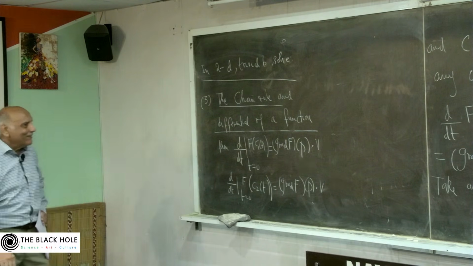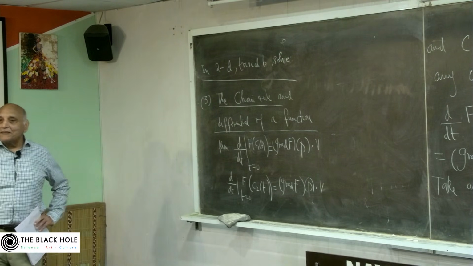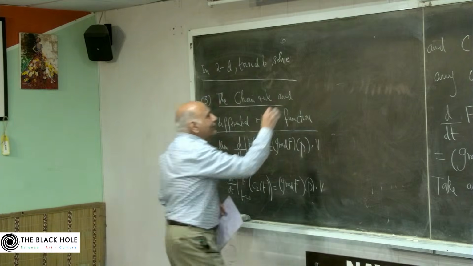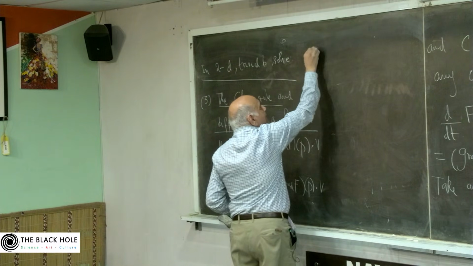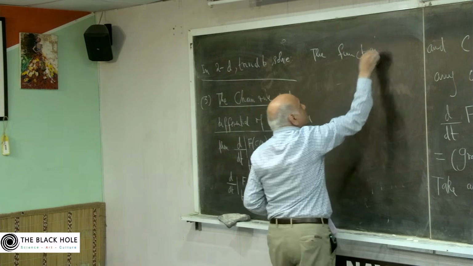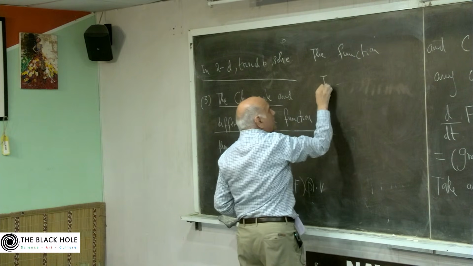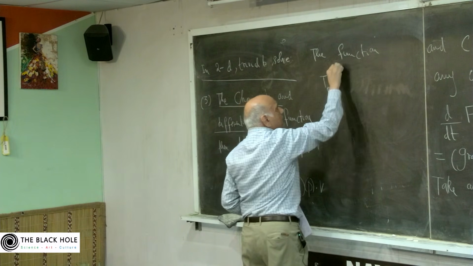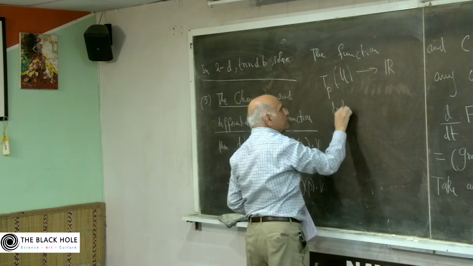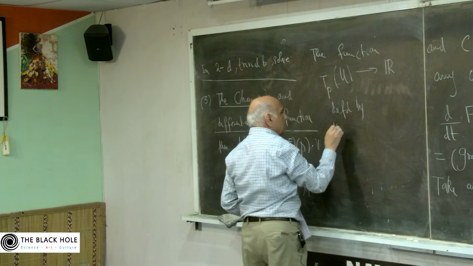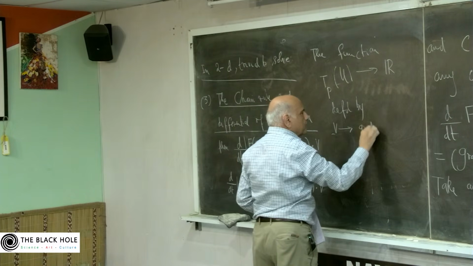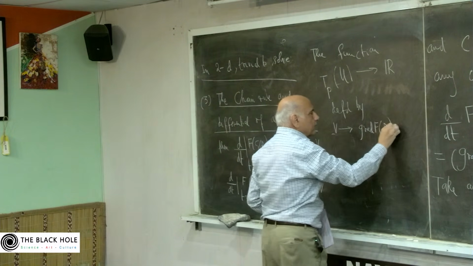Okay, so is this thing, so the function from tangent space to R defined by V goes to gradient of f at p dot v.